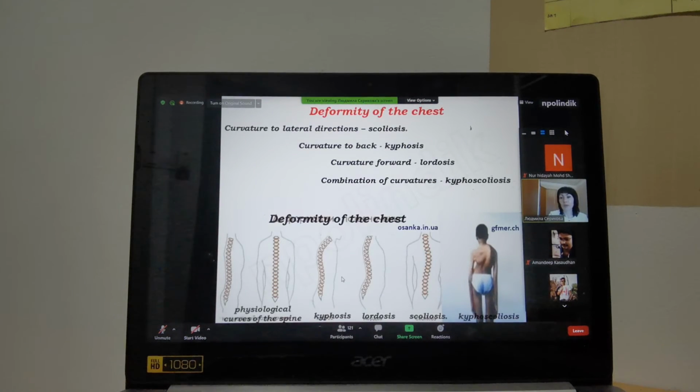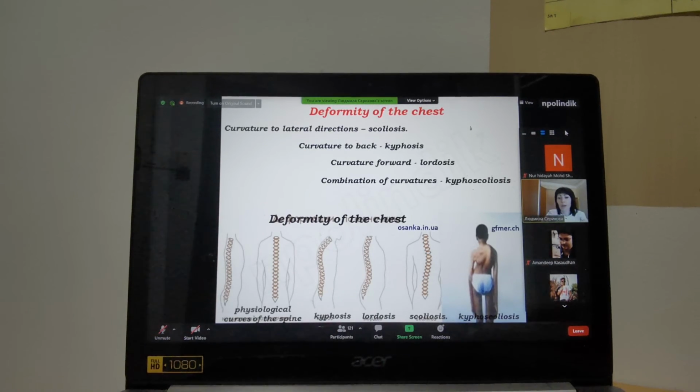And now we have some types of deformed chests. As you studied, this may be due to deformation of the spine. With spinal deformation, we have different curvatures, to the right or left side, that is scoliosis, or if the curvature is backward, increasing the physiological thoracic kyphosis, it will be like a humpback, and vice versa, maybe curvature forward.